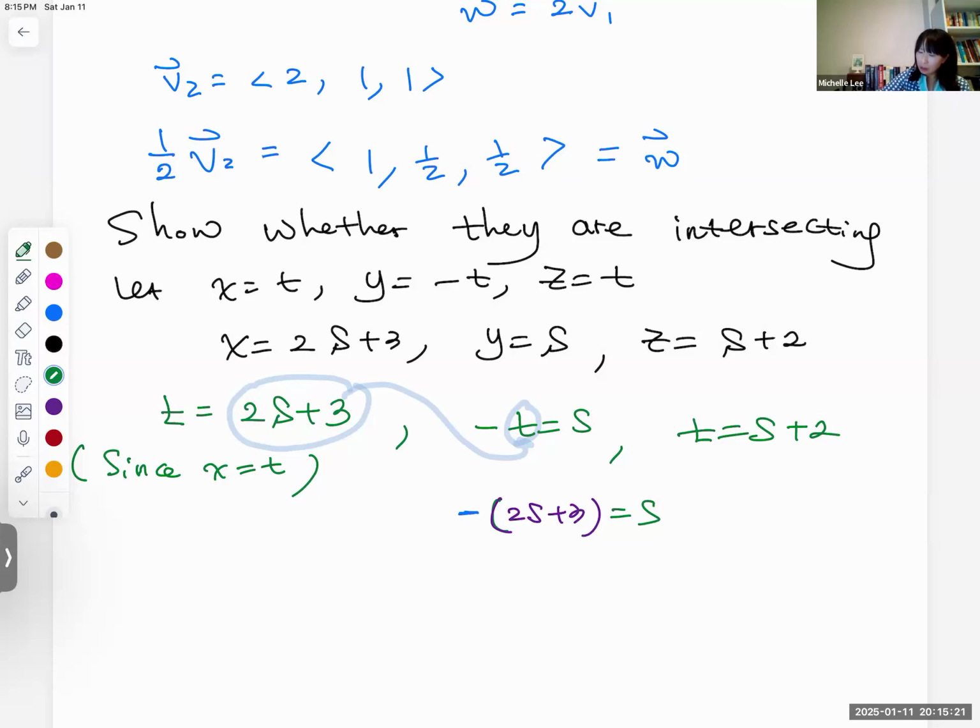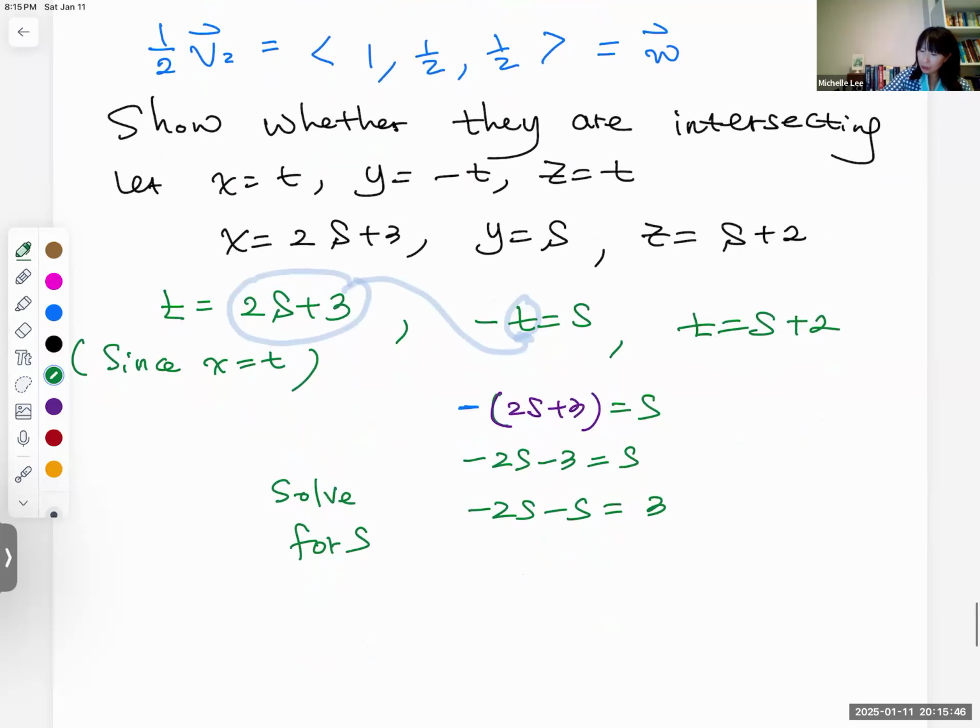Then let's distribute. So we have negative 2s minus 3 equal to s. Now solve for s. Then we get negative 2s minus s equal to positive 3, right?